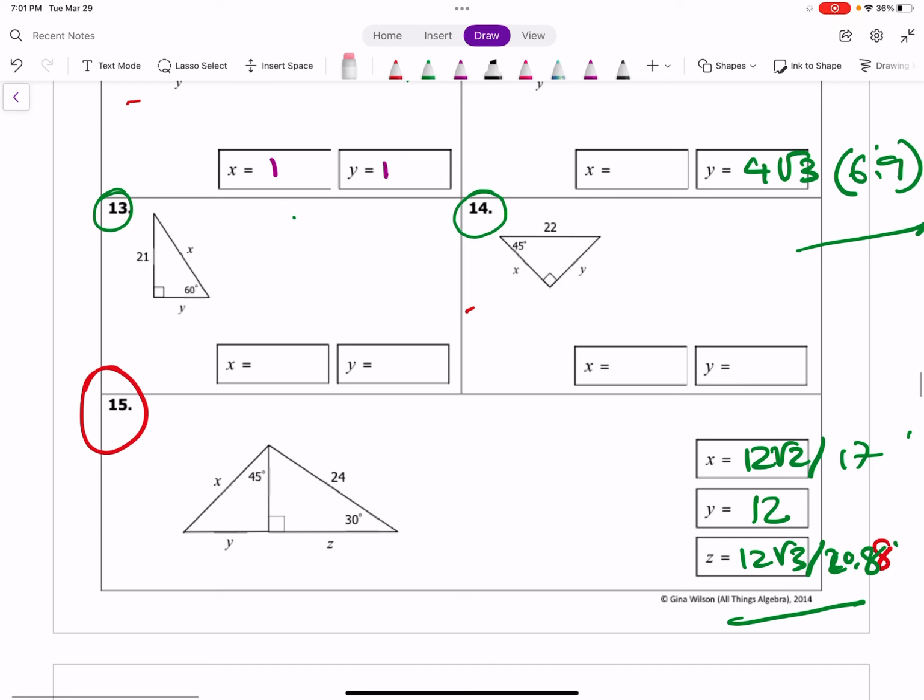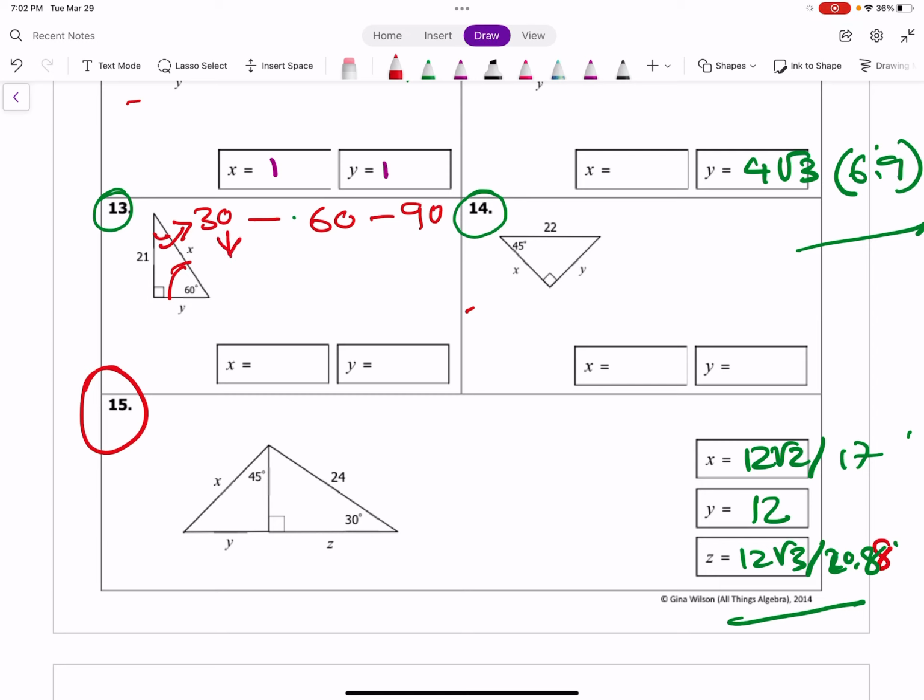Number 13. So what do you see? There's a 90 and a 60 degree angle, and only one side. So what should you do? Look for the angles. If it is a 60, how much is the other? Should be 30. So there is a 30-60-90 match.